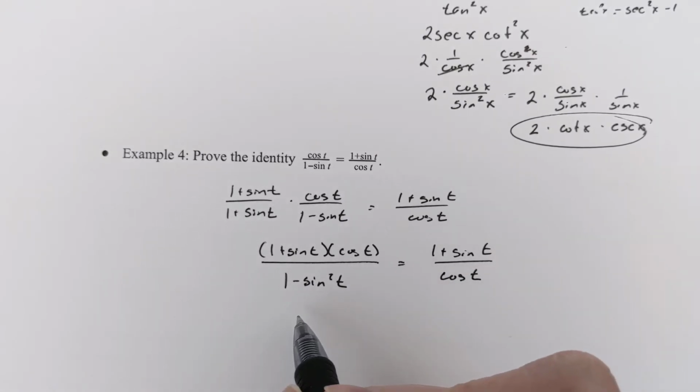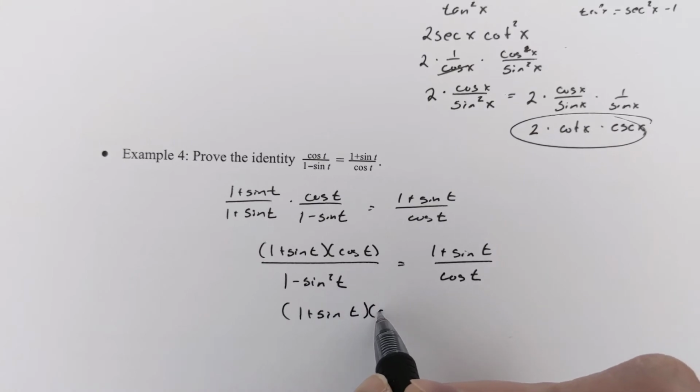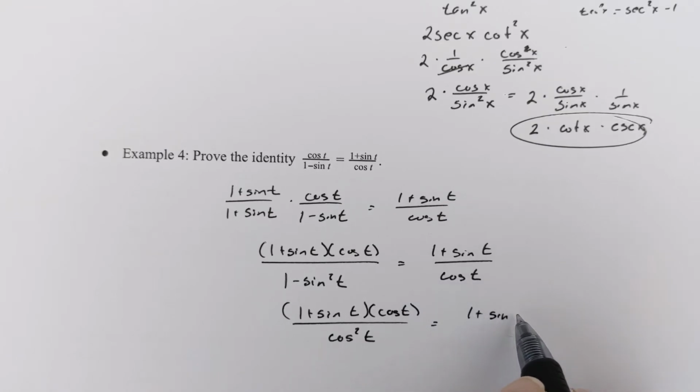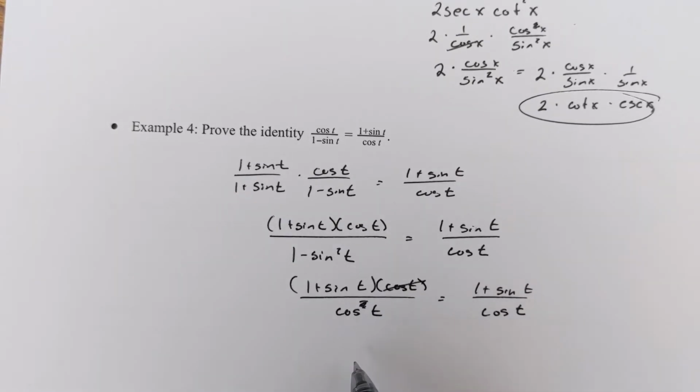It's actually the cosine squared. So I have 1 plus sine t times cosine t all over cosine squared. Now this cosine can cancel the squared out, so I'm left with 1 plus sine t over cosine t equals 1 plus sine t over cosine t.